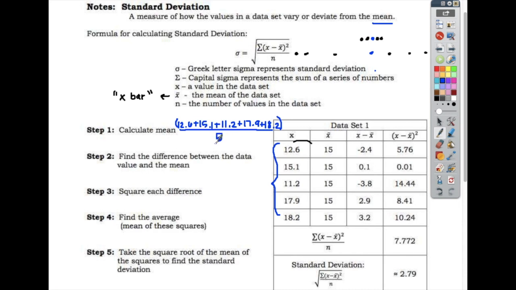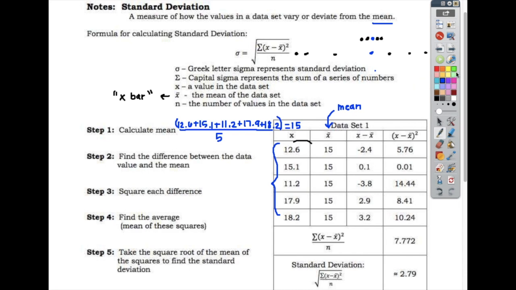When we do that, we get 15, which is why this next column, x bar, is full of 15, because that is our mean. And the mean is the same, so each of these boxes is going to have the same number in it. They're all 15.